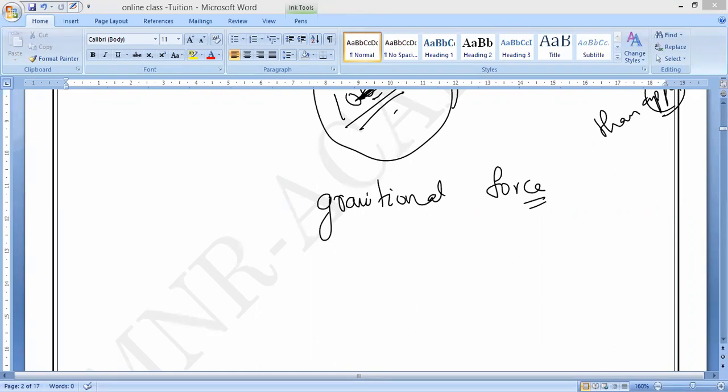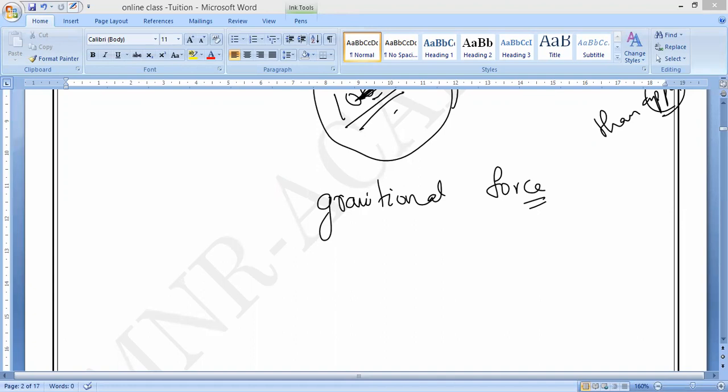Is it small or big? Small. That is why we are not able to see the attraction. One stone is not moving towards the other stone.